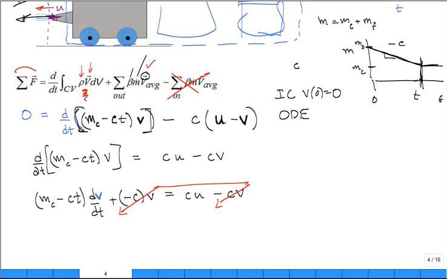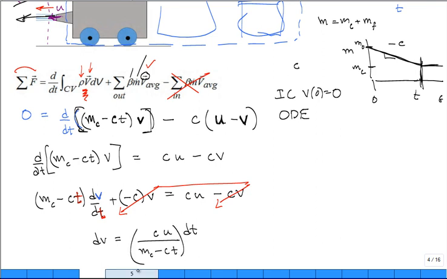That's the only place v is, true. But where is t? In there. Is that it? Is c a constant? Yes. Is u a constant? Yes. So what are we left with? We can separate. We put dv equal to c u dt divided by m sub c minus ct.